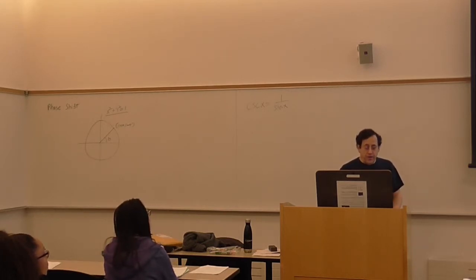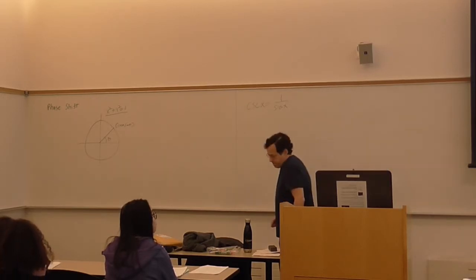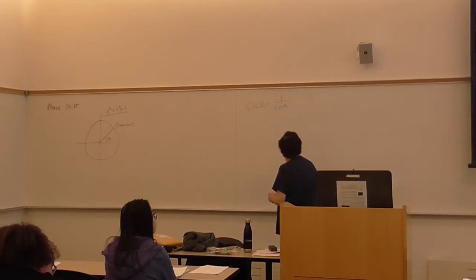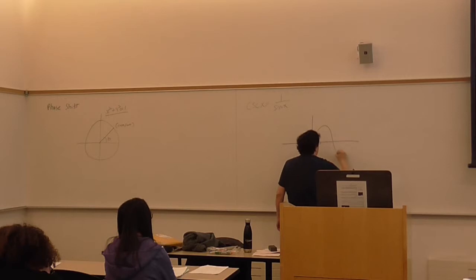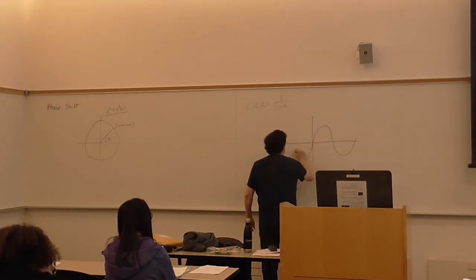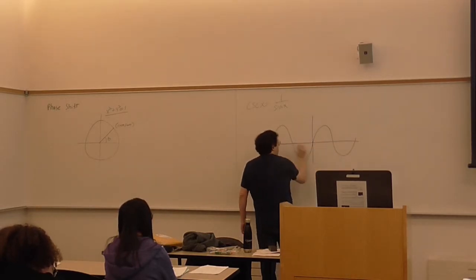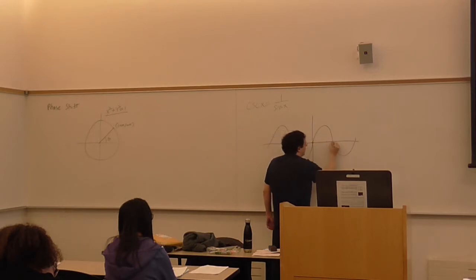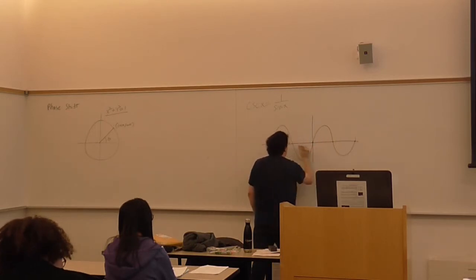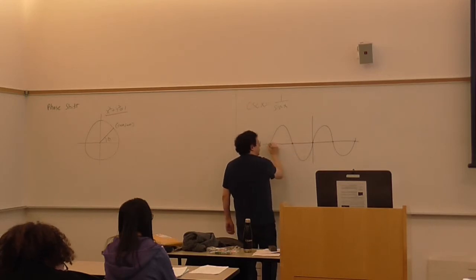If I first graph the sine function, then I know a few things, right? For example, I know the sine function is 0 at 0, 0 at pi, 0 at 2 pi, negative pi, and so forth.